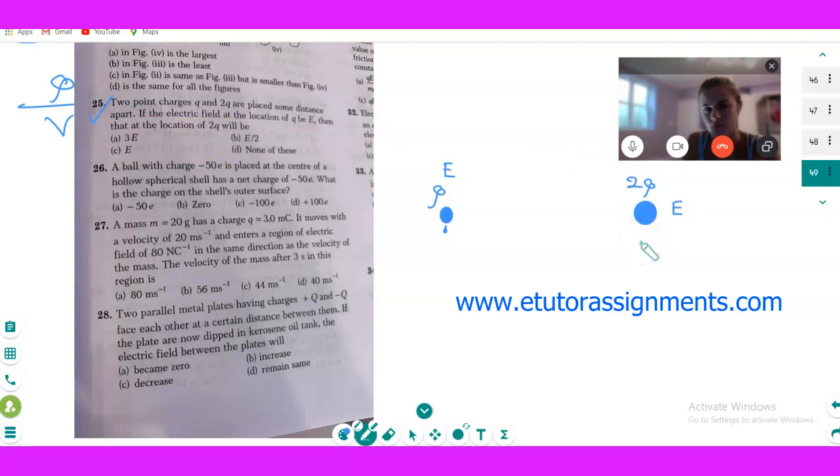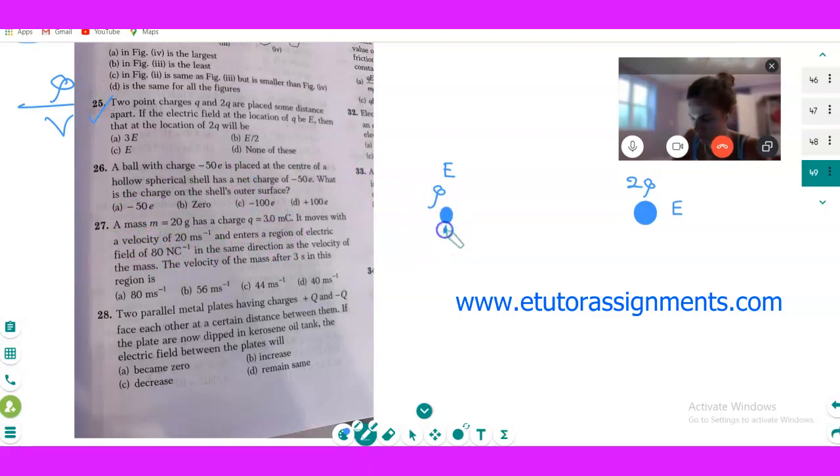Is the electric field the same? No. See, force divided, so it's going to be E divided by 2.